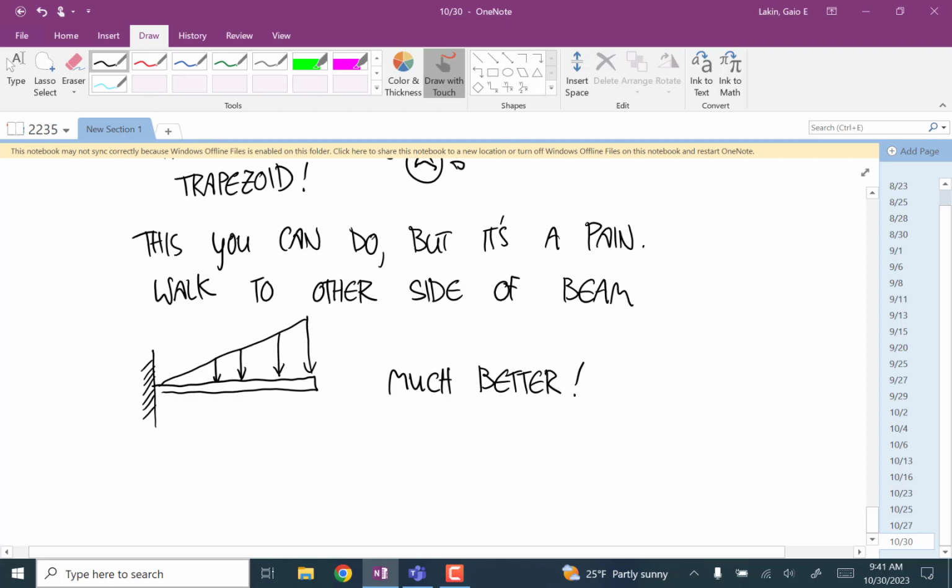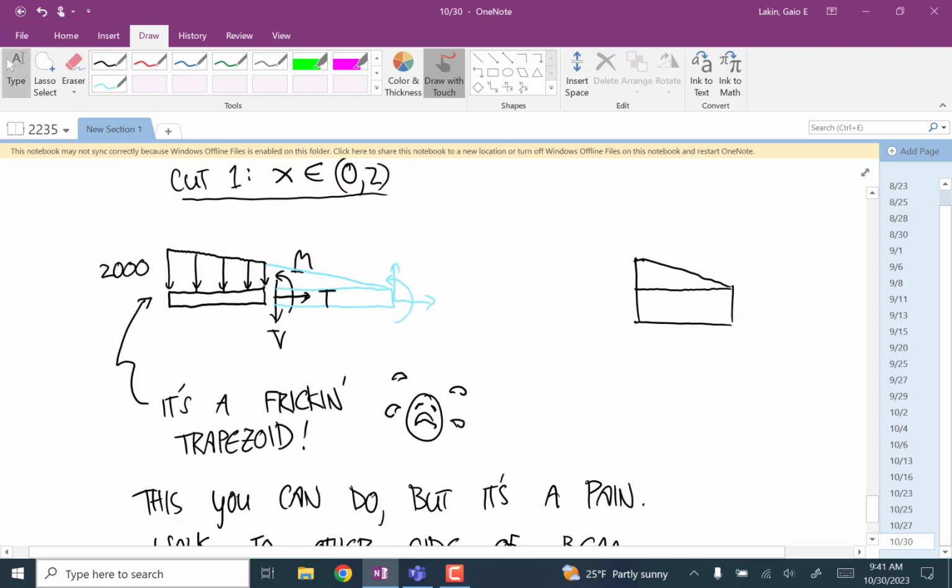Also, this is one where you could work from the right side, if you didn't feel like walking, like maybe the beam's really long. You could work from the right side, but I think it's easier to just picture what's going on from the other view.